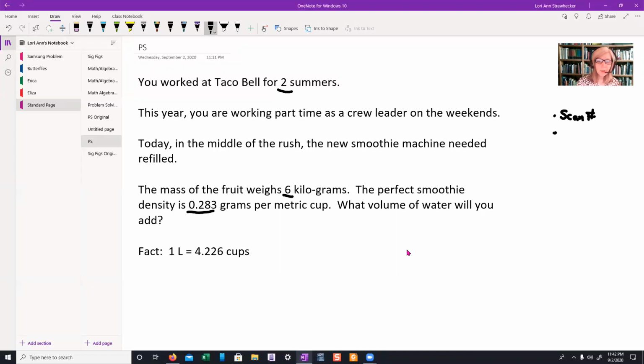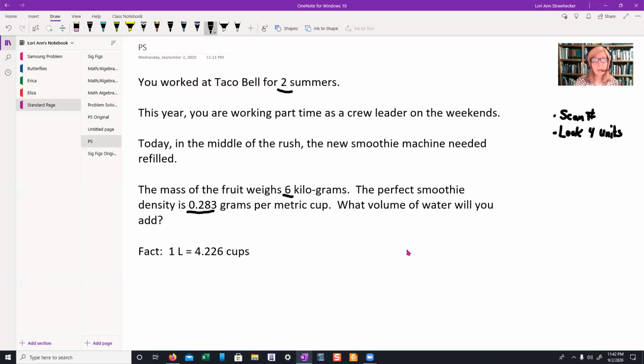All right. The second thing that I'm going to do is start to understand the units. So I'm going to look for the units. So the number 2, I have to ask myself, are there units there? Anything to do with time?